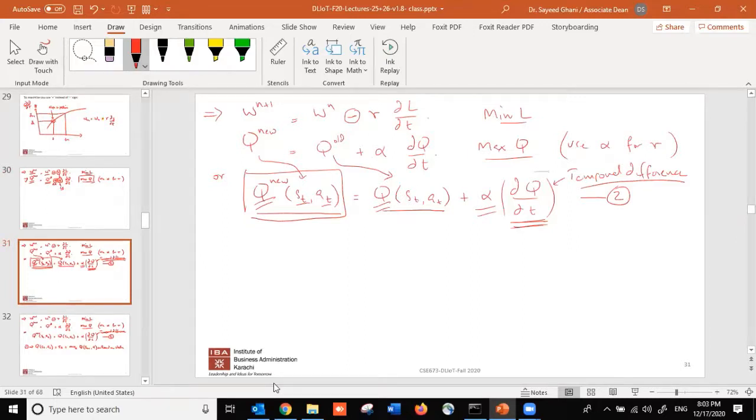And now what we're doing is we're taking the rate of change of dq with respect to time, okay? So can you understand that this is a temporal equation and the other one was a spatial equation? Okay, that was based on the movement. Now this is based on the change in Q, basically. This is based on the change over time. We want to be able to get a better and better approximation to the Q value.